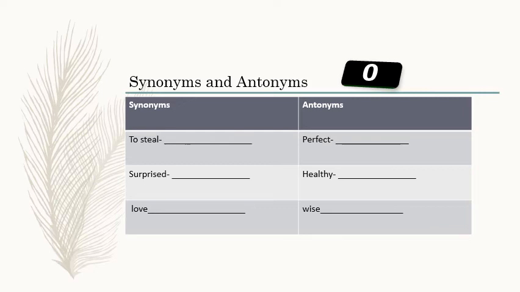Time out. Now let's see. Here we have the synonym of steal. I hope you have remembered. This has already been discussed when we were having our lesson, that is unit 2, and we discussed that to steal means to rob. R-O-B. Okay. Now number 2, surprised.